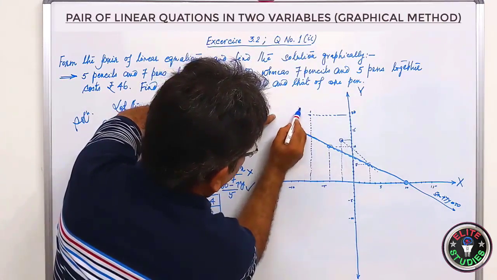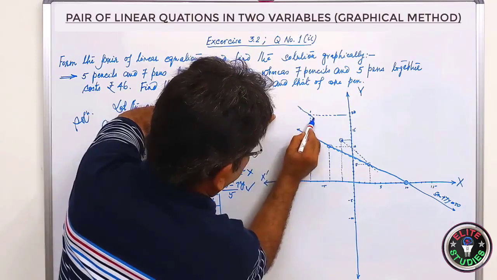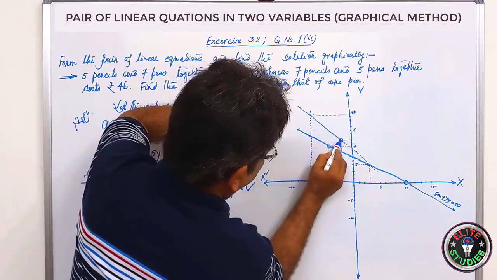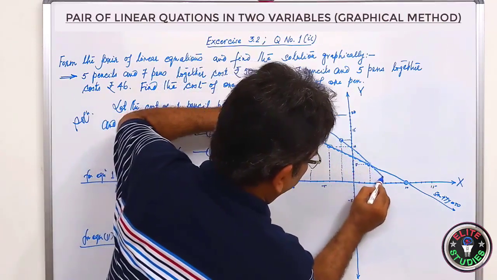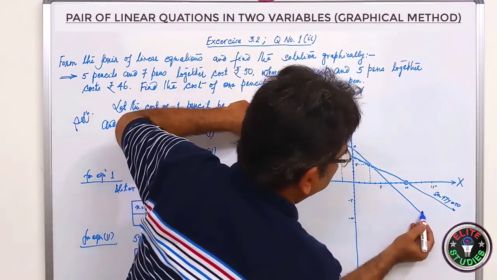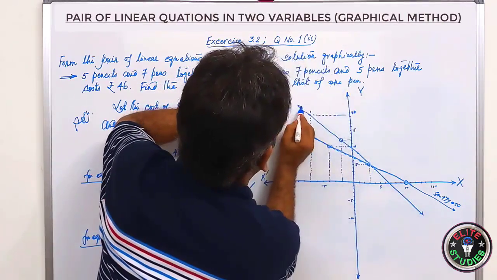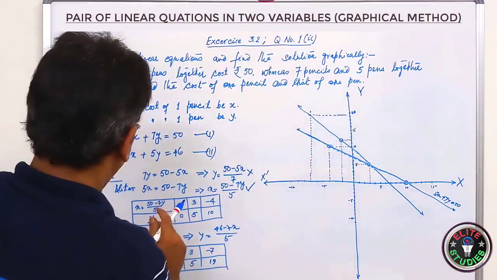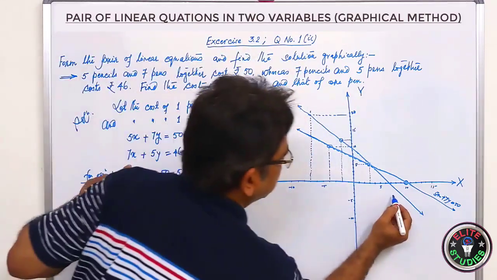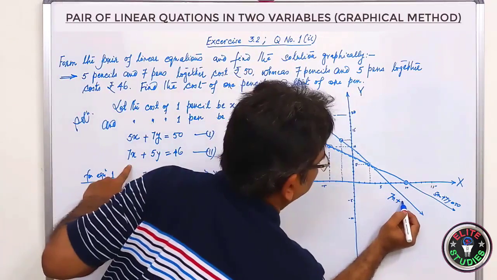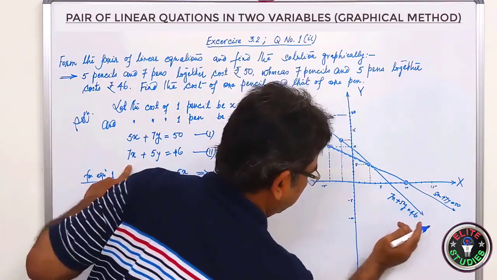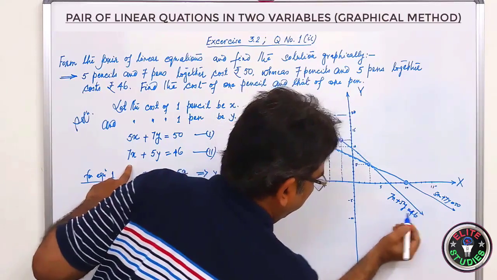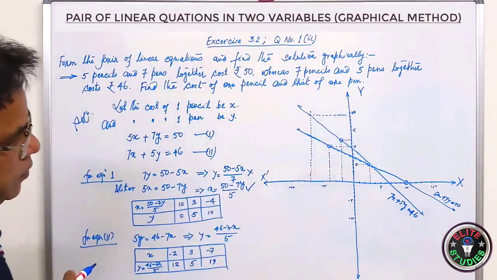Roughly, on a graph paper it will be precise, since I am not trying anything to scale. This is the graph of the equation 7x plus 5y is equal to 46.